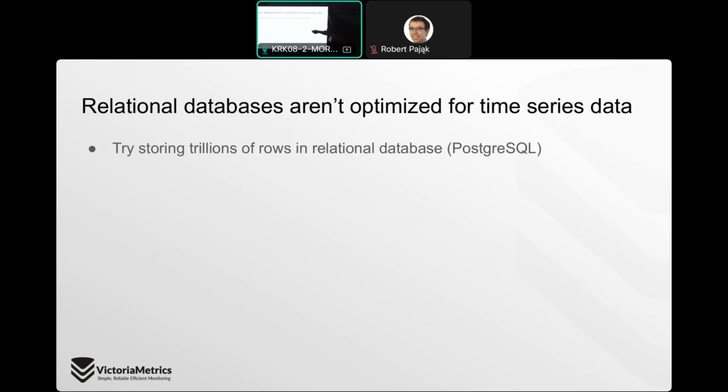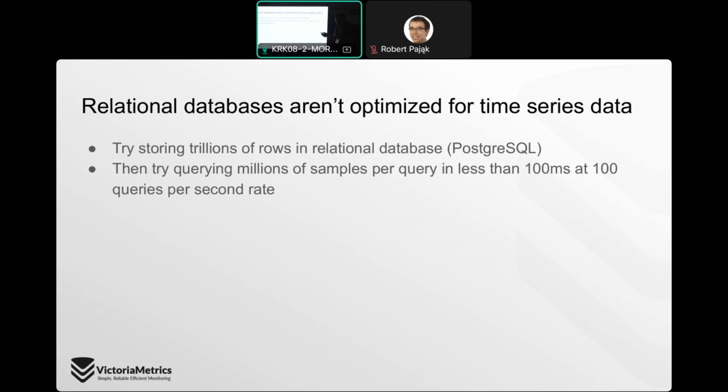Okay. Try storing trillions of rows into a relational database and see how it goes. And after that, try querying these millions of samples per query in less than 100 milliseconds. And I bet it will not work.